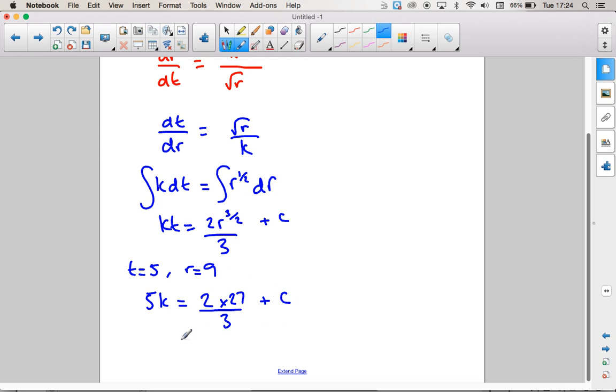And this fraction we can cancel down because 27's got a factor of 3 in it. So that is going to give me, let's knock that back down to 9, so 18 plus c.